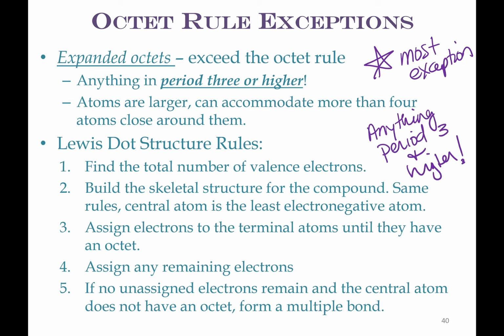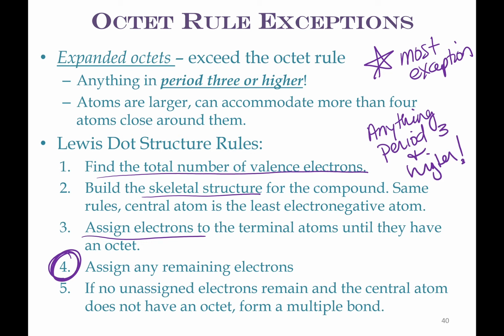So the first thing to do when you're drawing a structure for something that could be an expanded octet is find the total number of valence electrons, just like we always do. Build the skeletal structure, just like we always do. Assign electrons to the terminal atoms until they have an octet, or use the Lewis dot symbol. These are all the same rules we were using before. This is the one that's different: assign any remaining electrons.